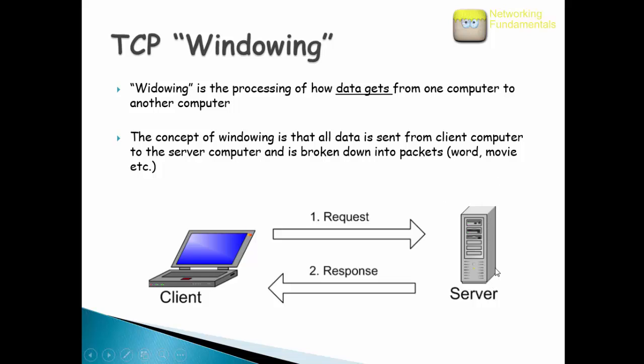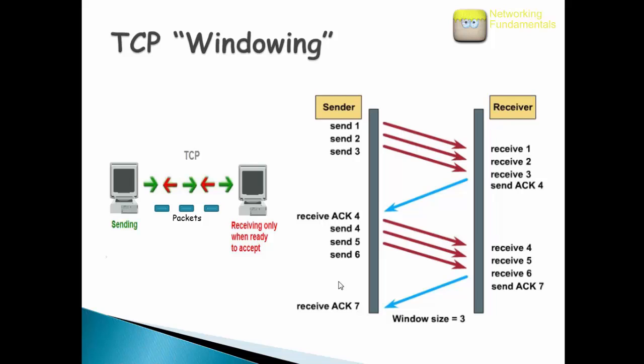Then obviously the client and the server communicate, which is what we're all familiar with. But what actually happens in the middle, between this request and this response? This is called windowing. The next slide will explain it properly.